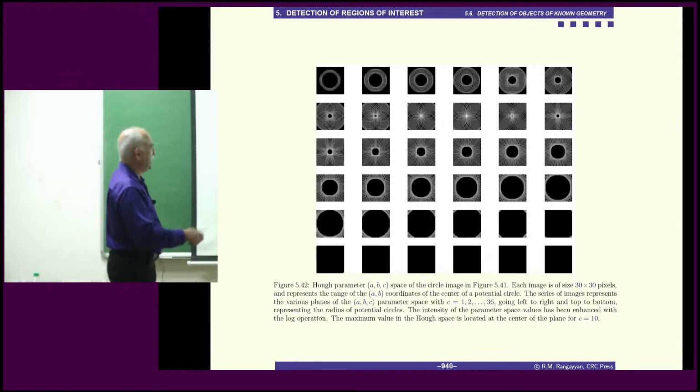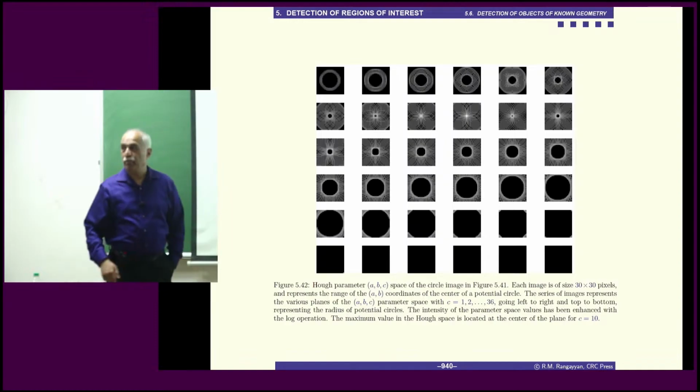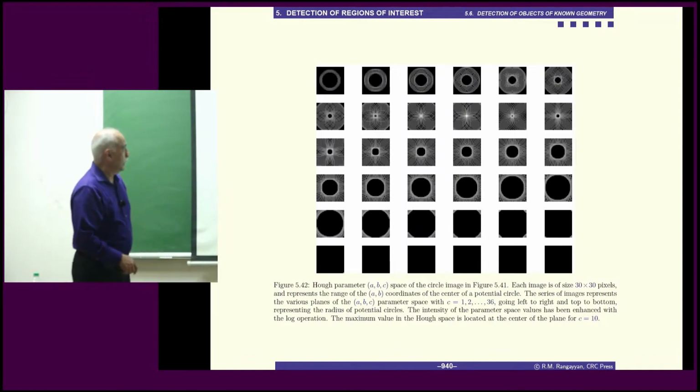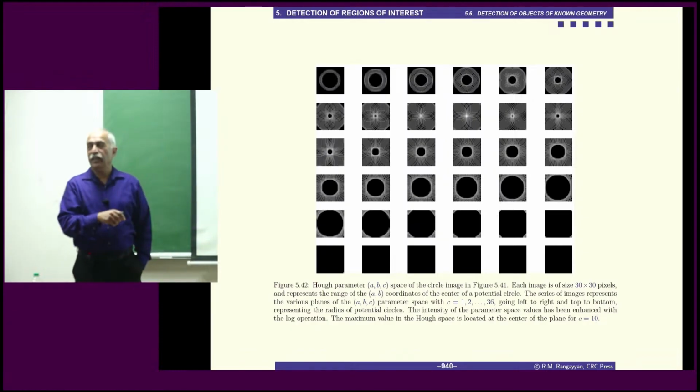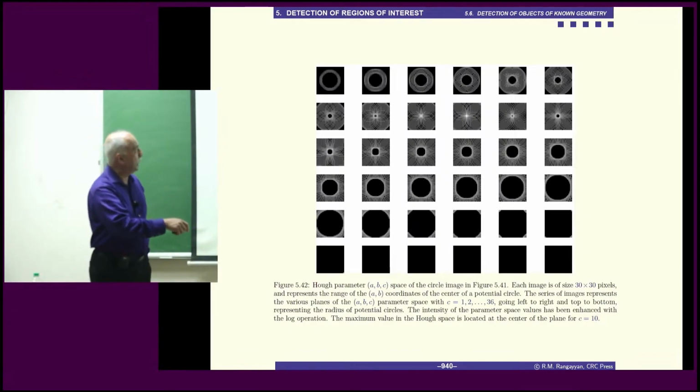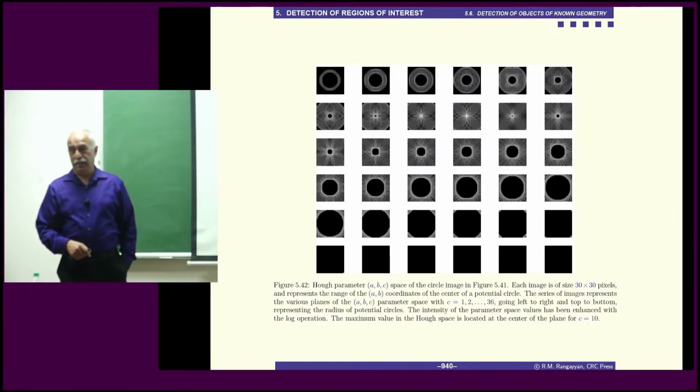So here we have C going 1 to 36. 1, 2, 3, 4, 5, 6, 7, 8, 9, 10, and so on, 36. So the peak is for C equal to 10. That is the global maximum in this space of 30 by 30 by 36.